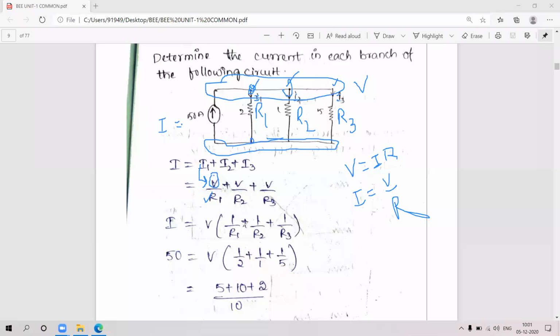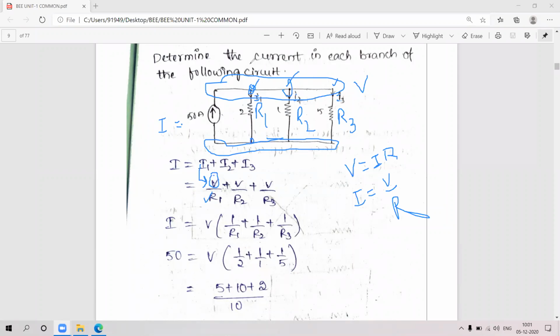So 1 by R1 plus 1 by R2 plus 1 by R3. The values are 1 by 2 plus 1 by 1 plus 1 by 5. No need of taking all the LCM and every step. Automatically in a Casio scientific calculator, you just type these values. Everybody is having calculators, no?